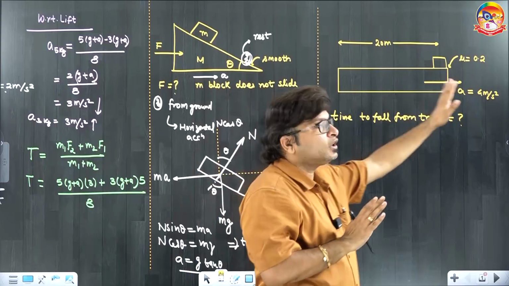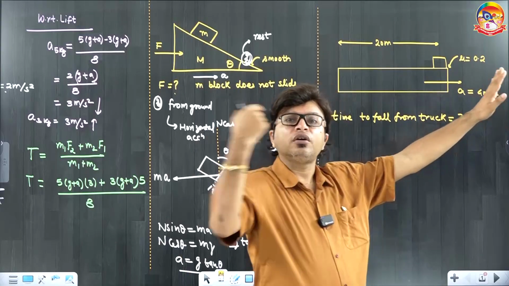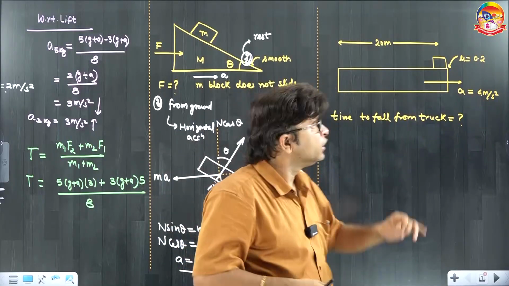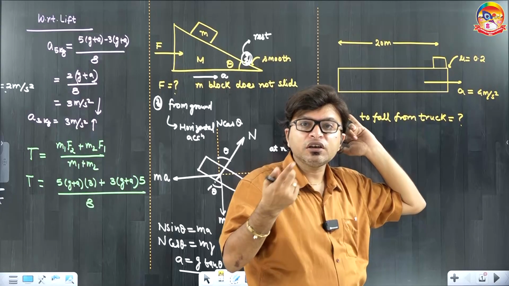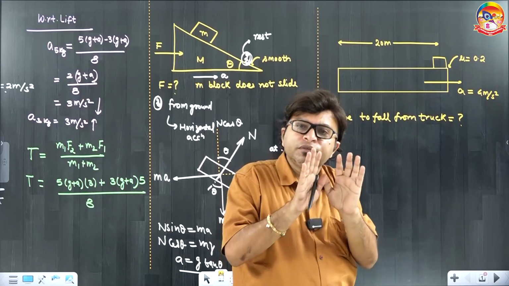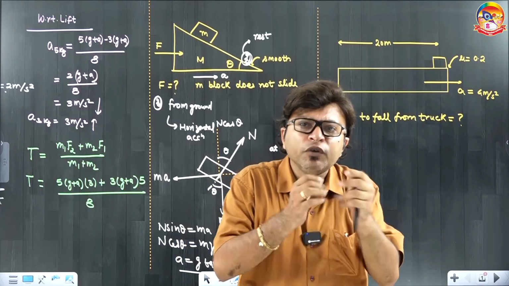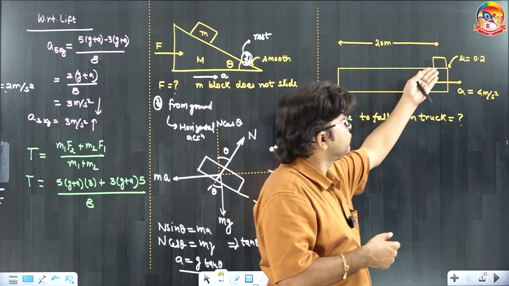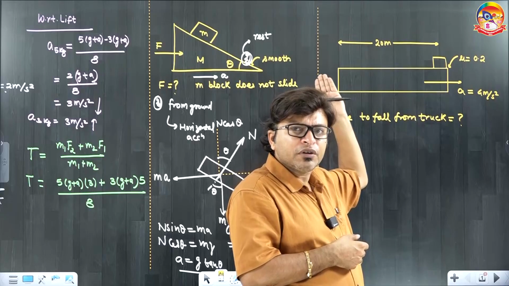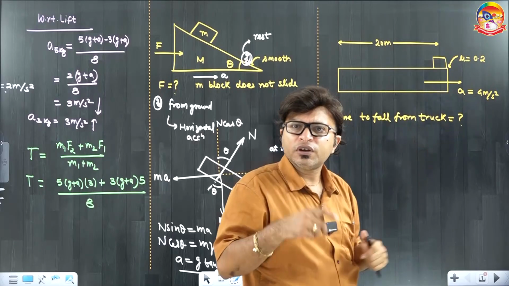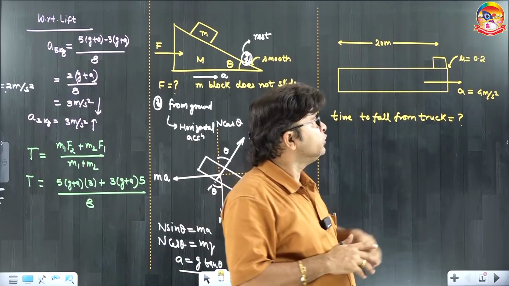So net acceleration may be here or may be backward, depending on whether it is sliding forward fast or sliding forward slow. If it is moving faster, then it might be traveling more distance backward and less distance forward, then it is a backward net value.